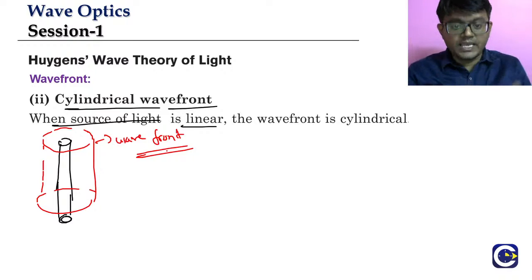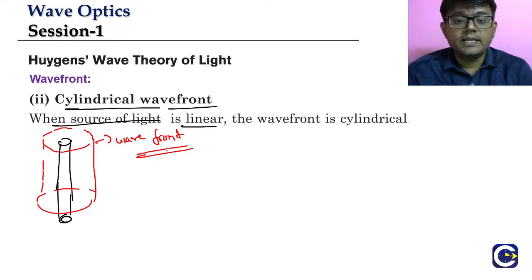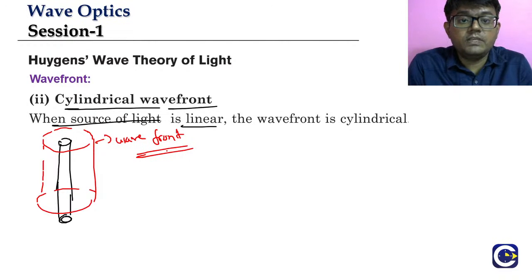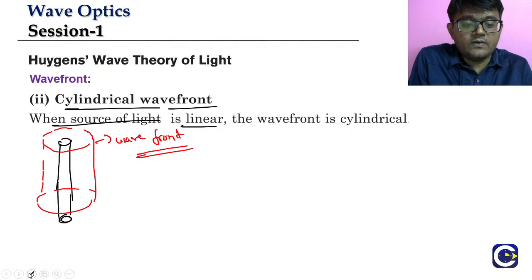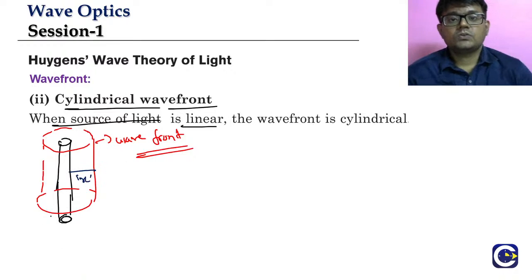Here also, whenever we talk about any particular type of wavefront, we are interested in knowing how the amplitude of the wave produced will change with respect to distance. Say we are looking at a wavefront at a distance x from the source.